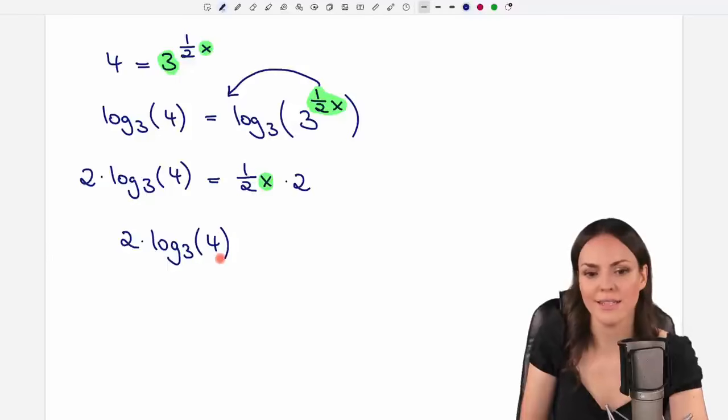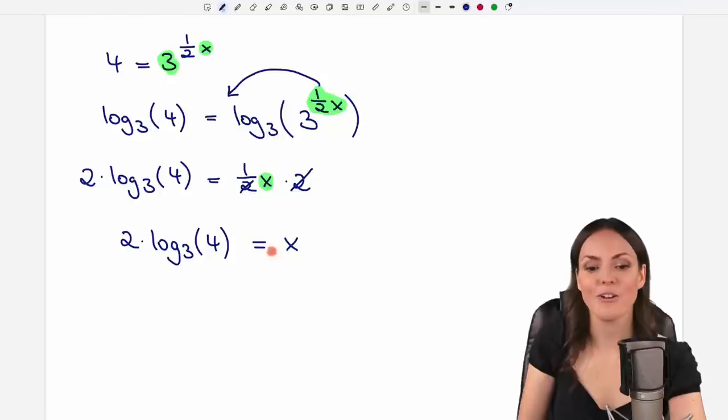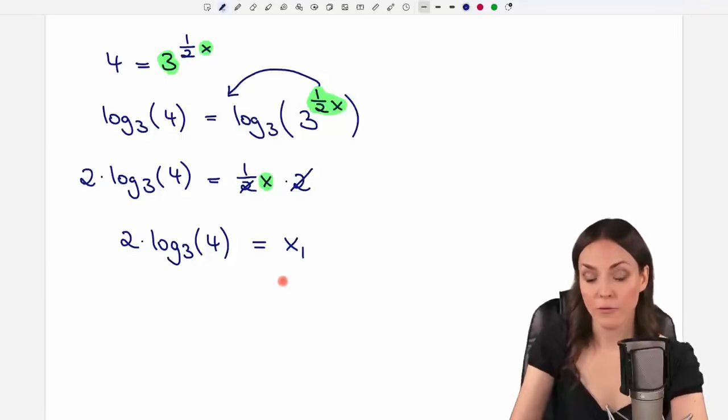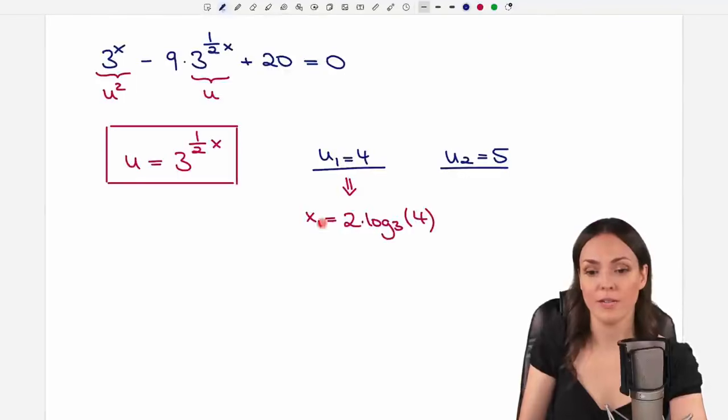We just take it as it is. And on the other side, these two here cancel out, and we only have x left. So we solved the equation for x. This is our first solution, so I call it x1. Our first solution. Here, I wrote it down here again for our original equation.